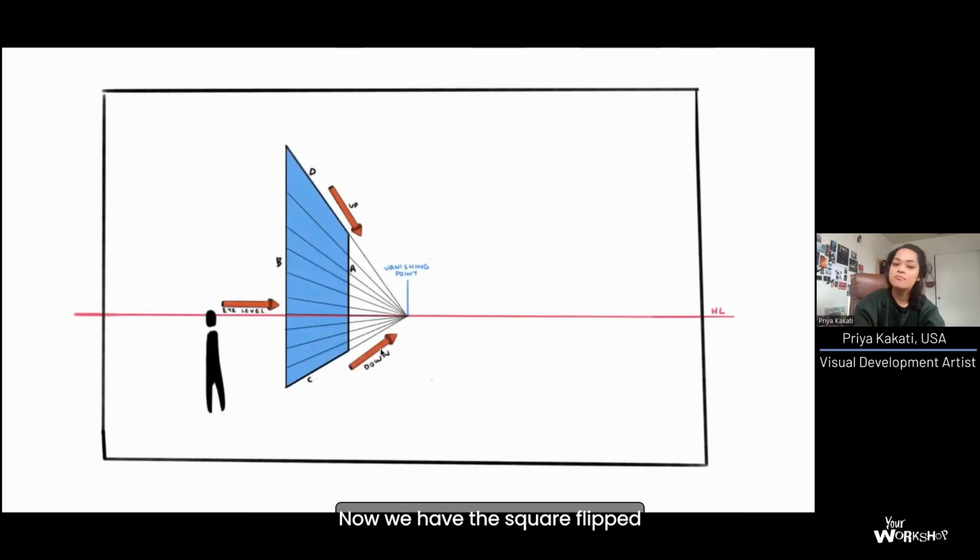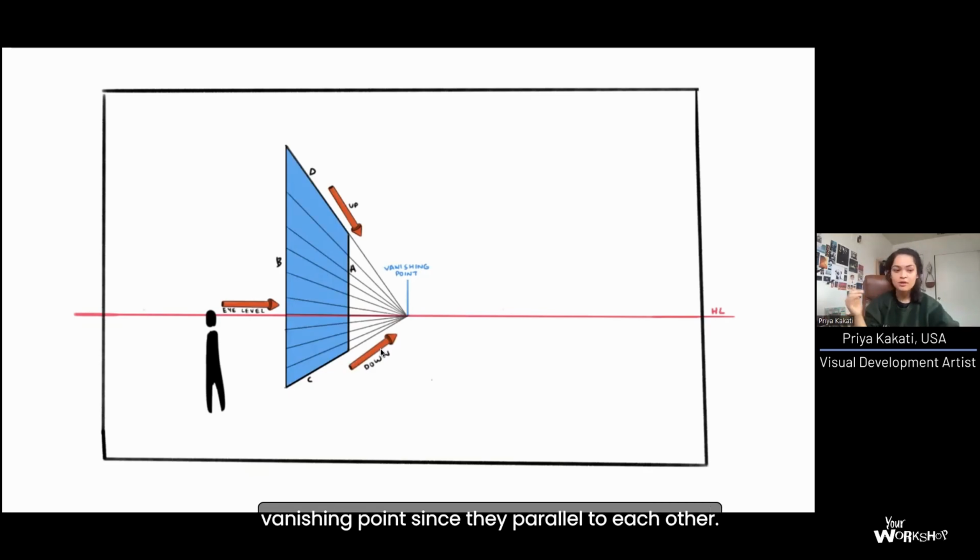Now we have the square flipped to a vertical, rotating on the C side. Sides C and D are still converging to the same vanishing point since they're parallel to each other.